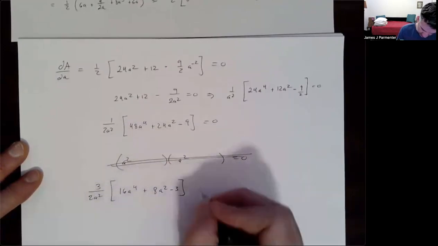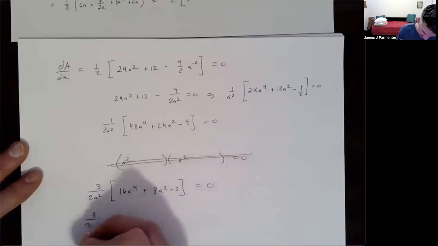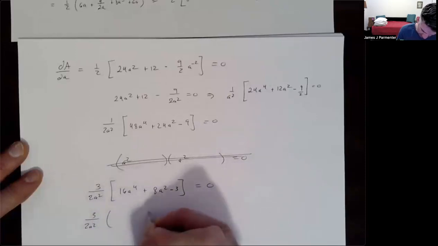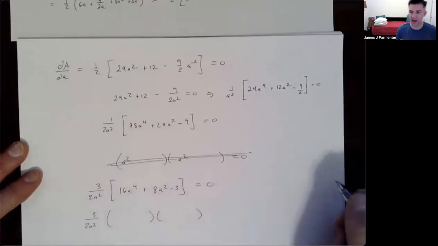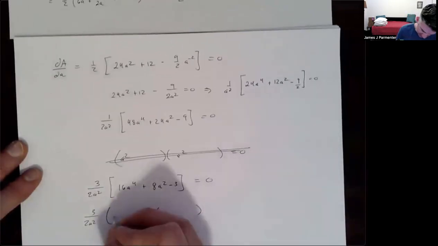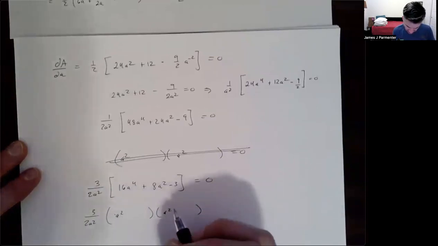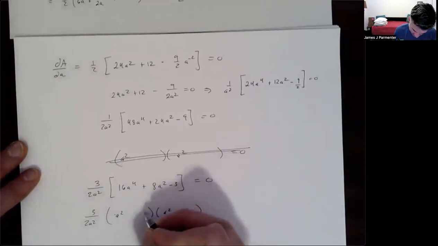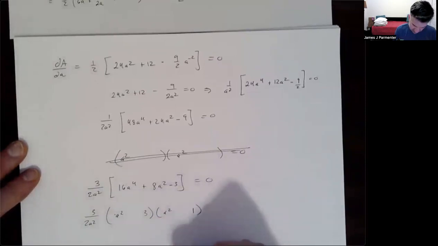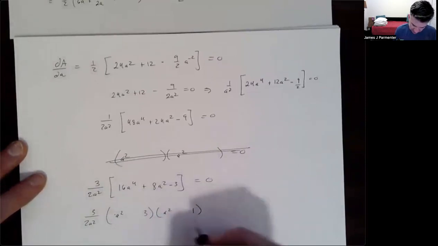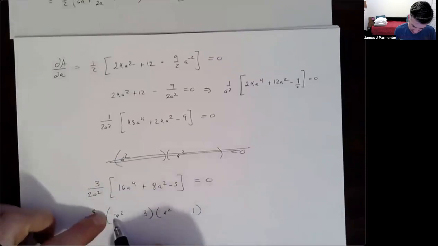And then I believe this is going to factor as a something a squared, a something a squared. We need a 3 and a 1, with one positive and one negative. Let's see, 4. Yeah, I see it.